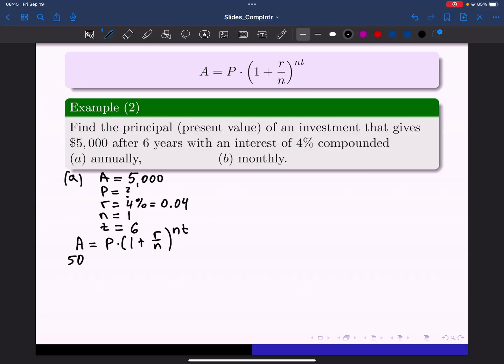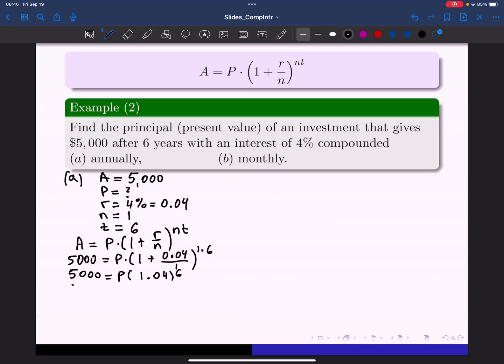So we have 5,000 is equal to P times 1 plus 0.04 divided by 1, to the power 1 times 6. 0.04 divided by 1 is 0.04. So we have 5,000 is equal to P times 1 plus 0.04 to the power 6. So we can perform this: 1.04 to the power 6.